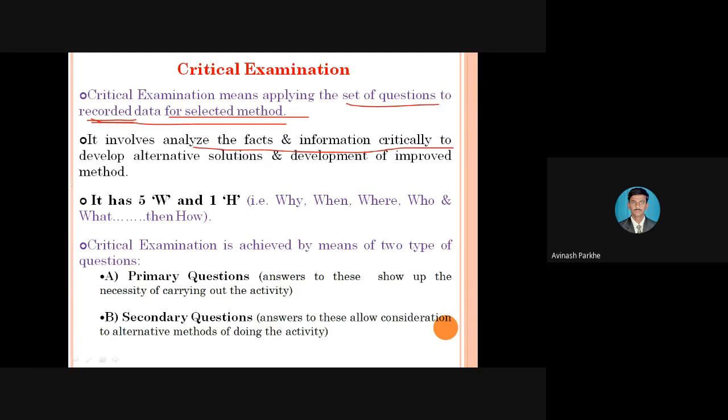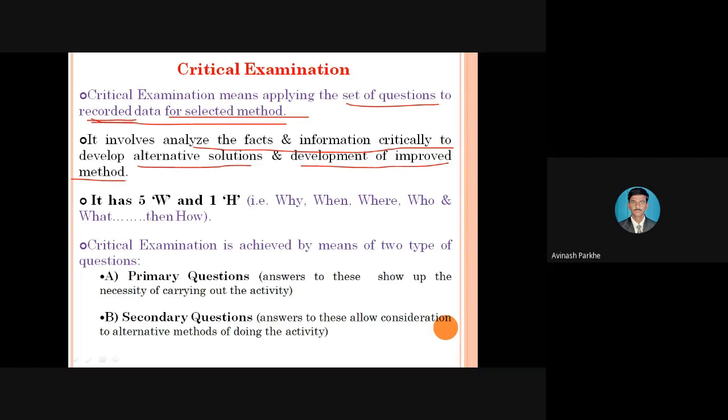Through this process you will get the alternative solution. If I modify the existing method, then I can go for alternative solutions, or sometimes I can develop a new method also.